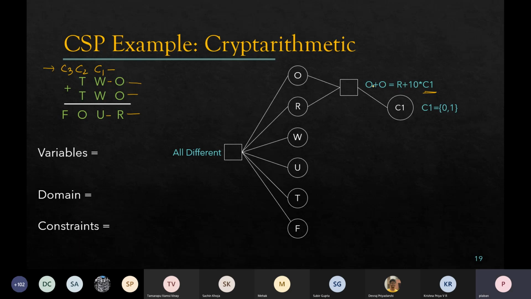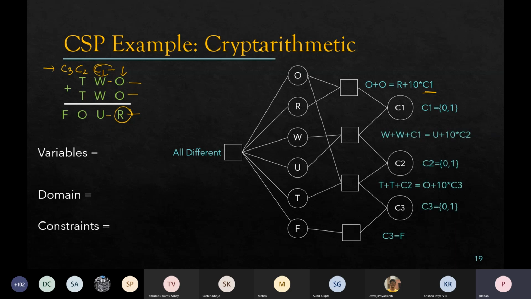And we know that the addition of these should be R. So the addition of these two would be R plus 10 multiplied by C1, the normal way in which we perform the addition operation. And similarly, you can define the constraints for the other variables.